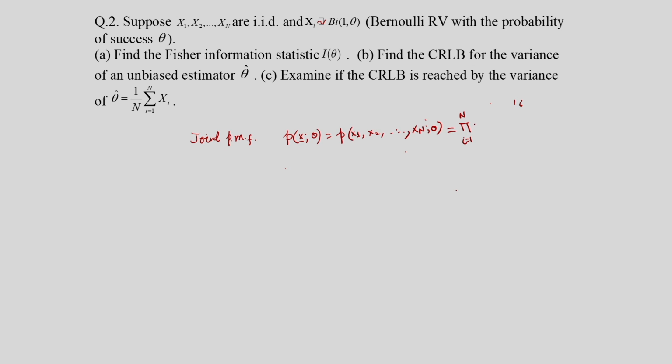Therefore, this will be theta to the power xi, and 1 minus theta to the power 1 minus xi. So, this is the joint probability mass function.